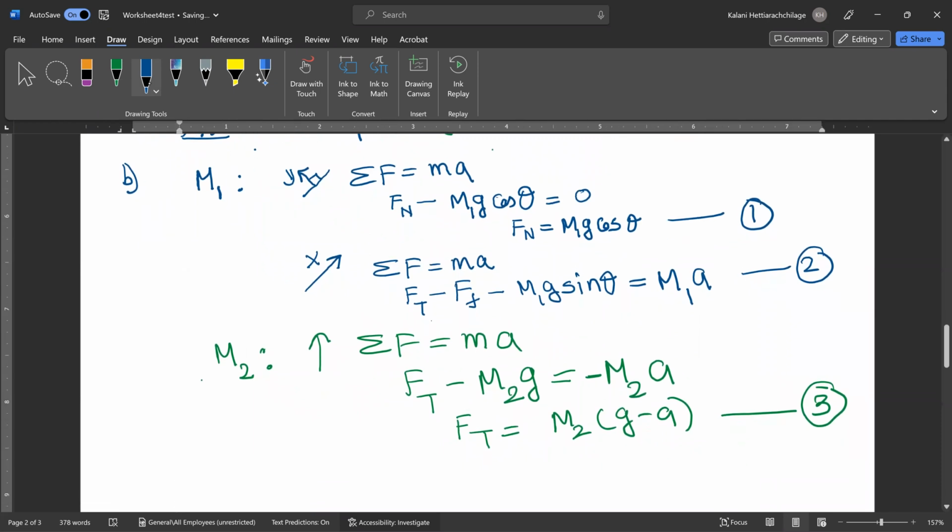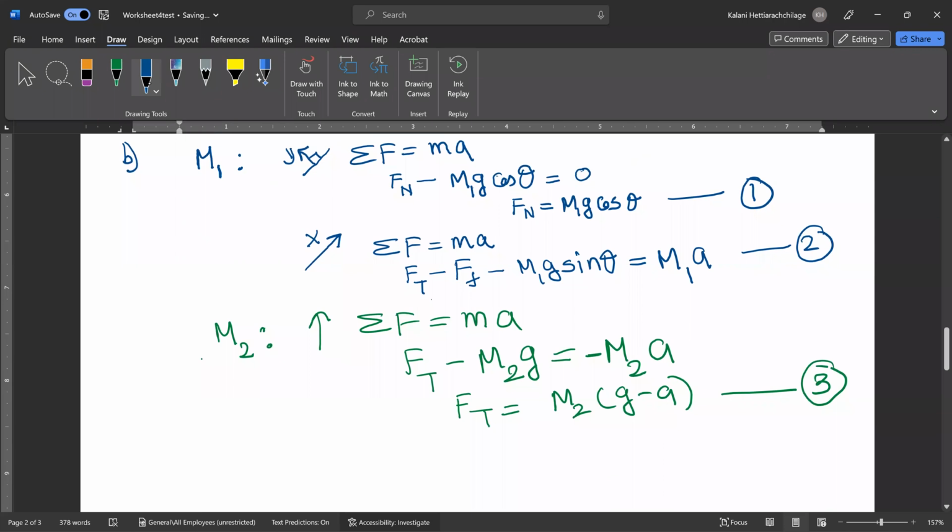I can directly use formula 3 to calculate it, but your question may be different in the exam. After you write these 3 formulas, maybe I ask you to calculate the normal force of the M1 object, right? Or calculate the friction force. I can ask a different question here, but here I am asking for the tension force. I can directly calculate it by using formula number 3.